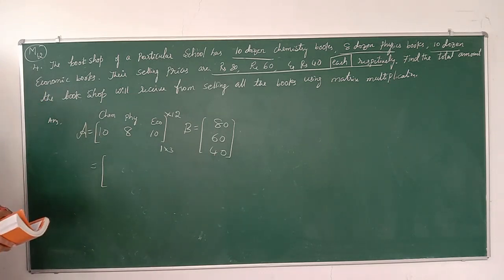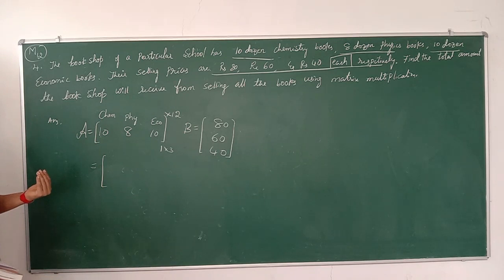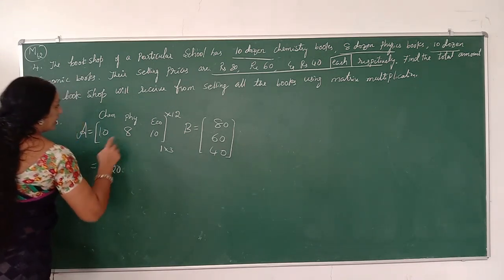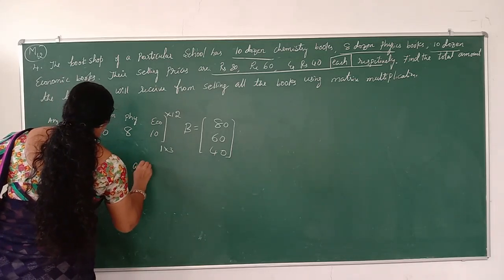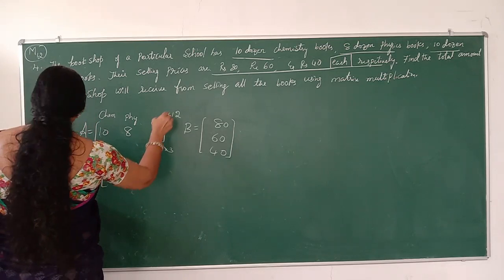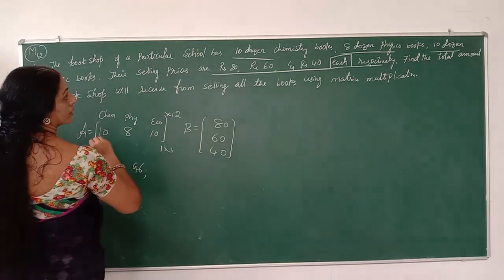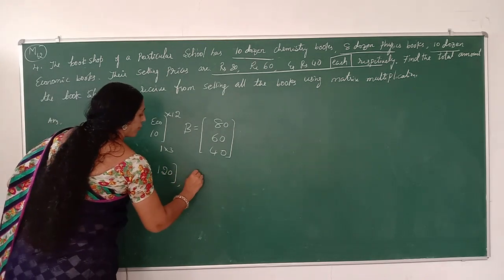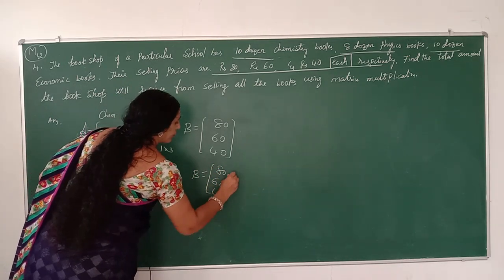So when we multiply by 12, each element is represented in terms of each book. So 10 into 12 is 120, 8 into 12 is 96, again 10 into 12 is 120. Elements of B are the same: 80, 60 and then 40.